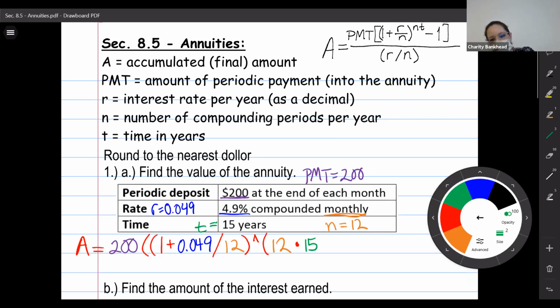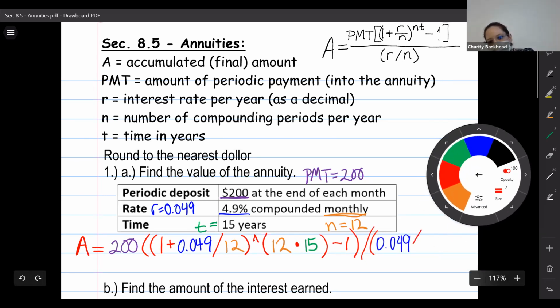All right, and then close the parentheses. Minus 1. Close the parentheses again. All over, open parentheses, 0.049 over 12.